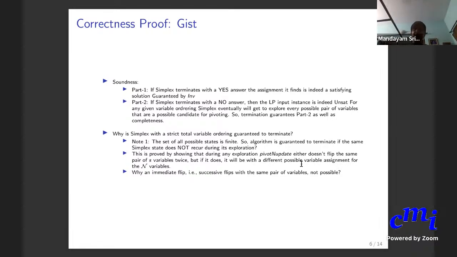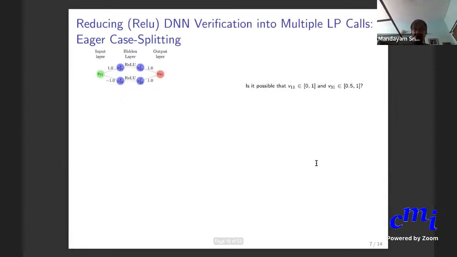The possible different variable assignments that it explores is also finite, because it only explores those solutions where some subset of the non-basic variables are set to either the lower or upper bound. That's why the possible variable assignments that the simplex procedure explores is also finite.